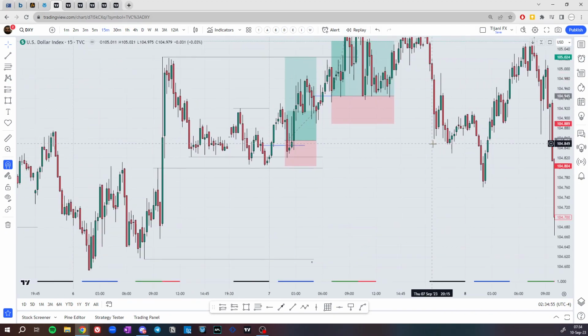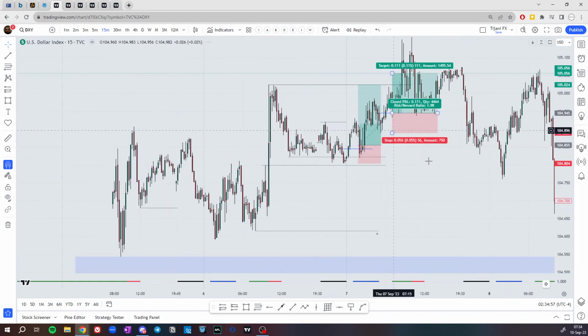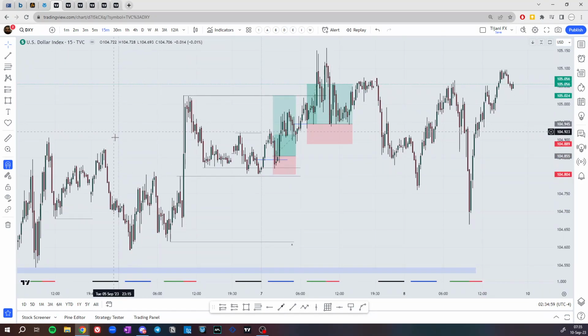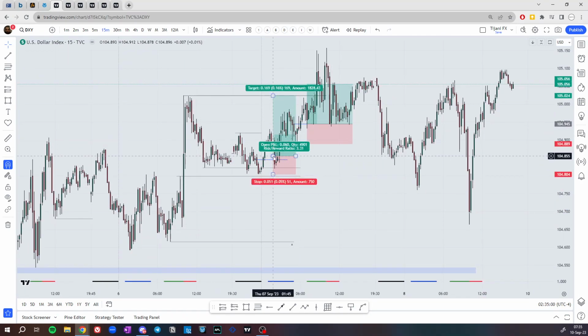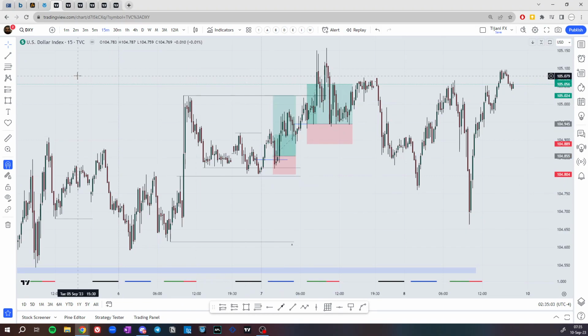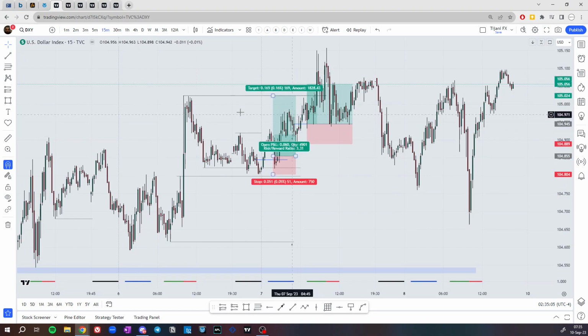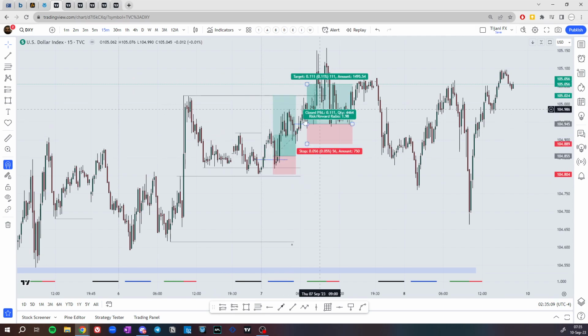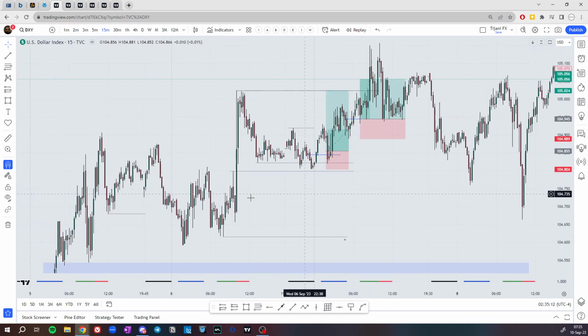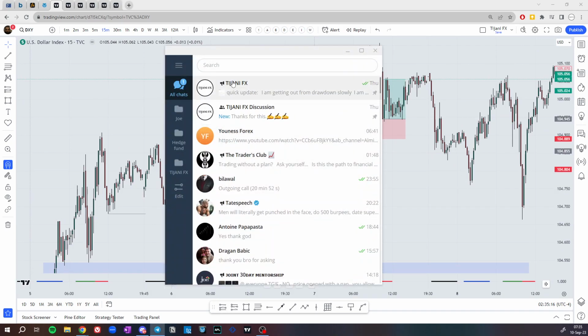So this week I had on EU, because when I say I enter here, it doesn't mean that I trade US dollar, but I trade Euro USD. This week I entered on EU here, a buy entry, two buy entries that has been a win, then a loss on EU. And we can see this on my Telegram channel.